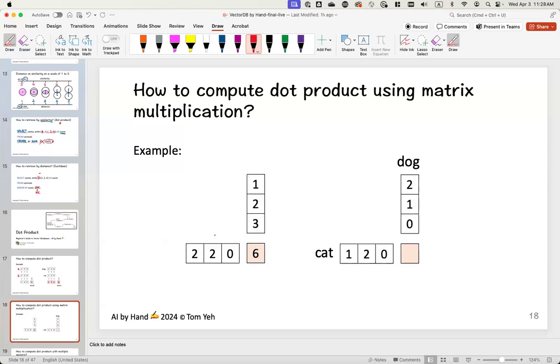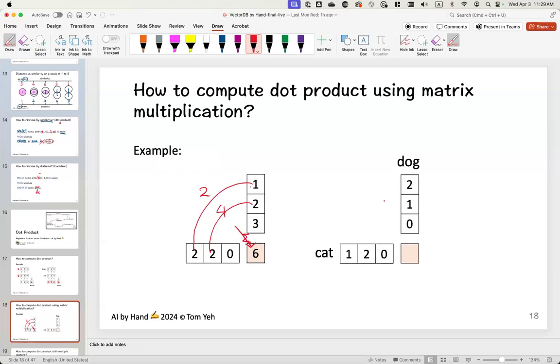So instead of putting them side by side, in parallel, I like to turn one around. In this case, I could just do 1 times 2 and 2 times 2, but 3 times 0 is nothing, so I don't have to draw anything. So 1 times 2 is 2, 2 times 2 is 4, and summing over here, I get 6. That's how we compute this.